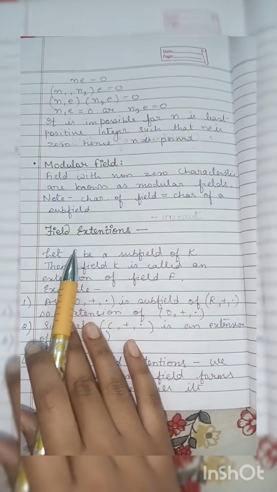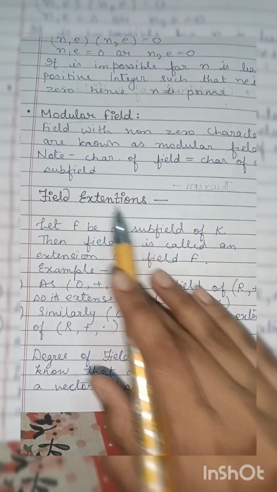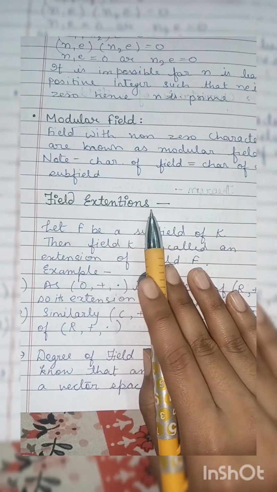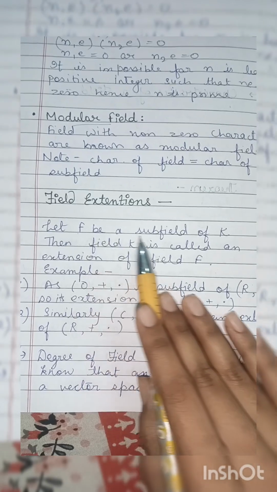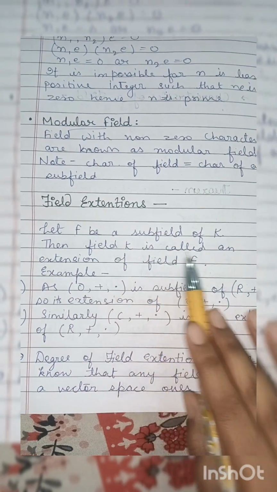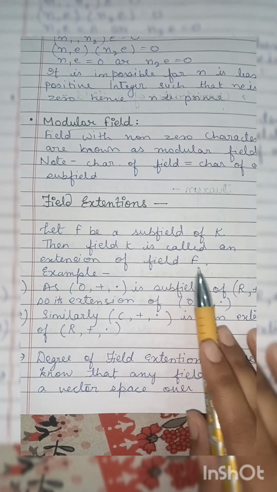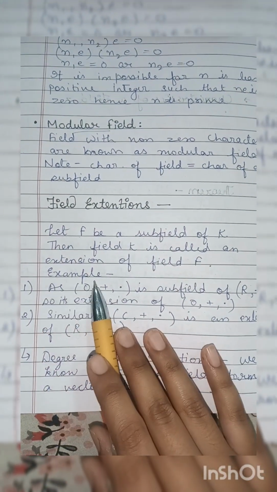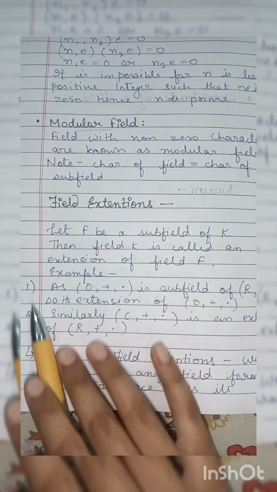So the next topic is field extension. Let F be a subfield of K, then field K is called an extension of field F. Example, first two examples we have taken.